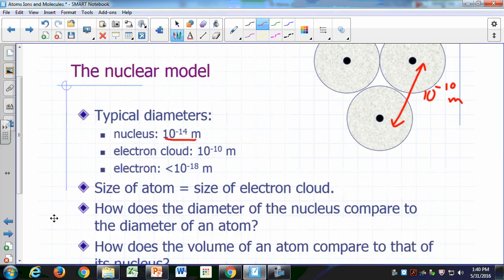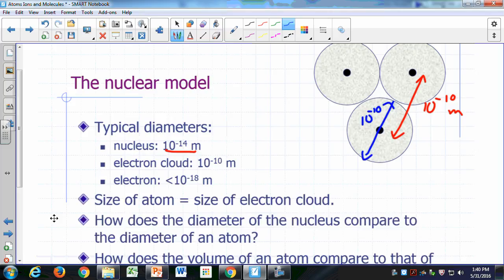So if I have this electron cloud right here, this diameter would be about 10 to the negative 10 meters, that's one angstrom. And this diameter right here would also be 10 to the negative 10, so the center to center distance would be 10 to the negative 10 meters. That's the typical size of the diameter of the electron cloud.